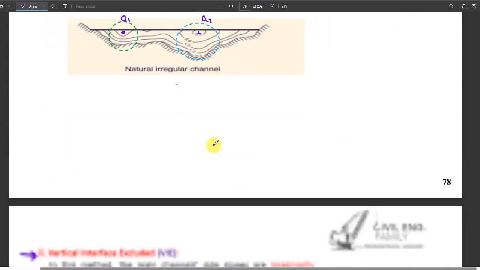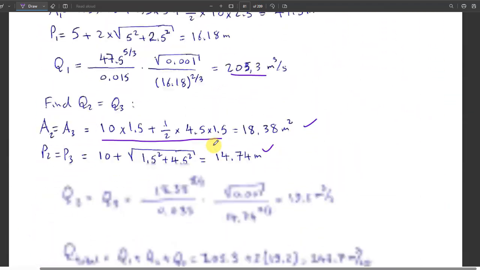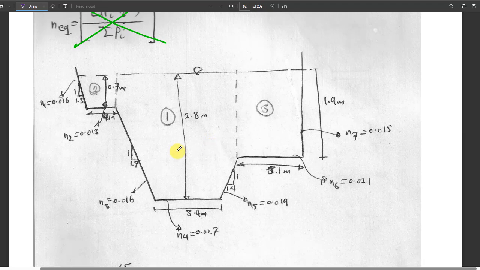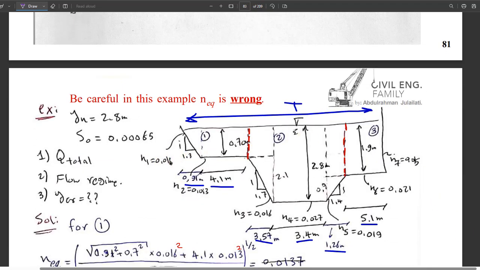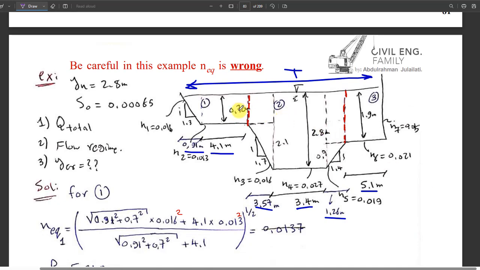Okay, so let's see how we did it here. We divided the channel, as you can see here, and here also, as I showed you before.